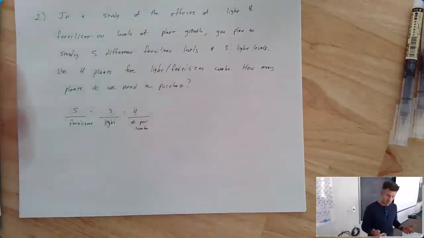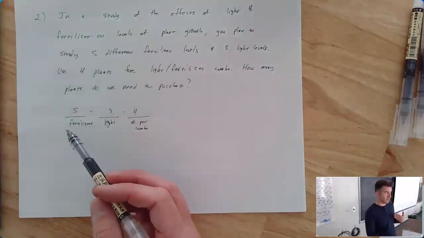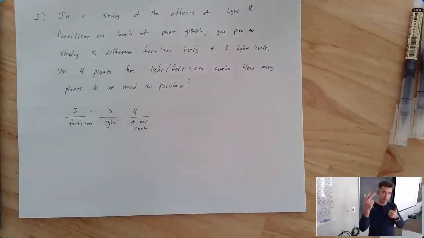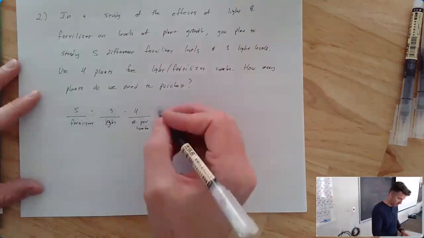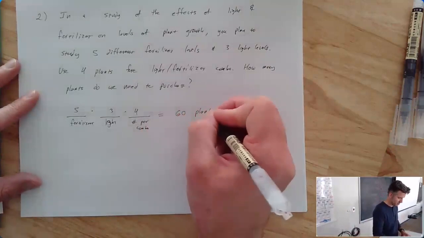Which makes sense if you think about it, right? If we have 5 fertilizers, each fertilizer has to have 3 different light levels. So fertilizer type 1, 3 different light levels. Fertilizer type 2, 3 different light levels. Fertilizer type 3, 3. So you're going to have 15 combinations in all. And then for each combination, we want 4 plants. So we're going to get 5 times 3 times 4, which is 60 plants we need.